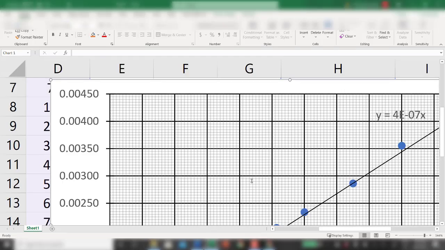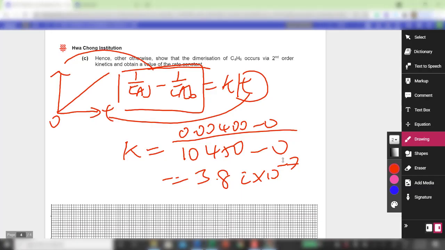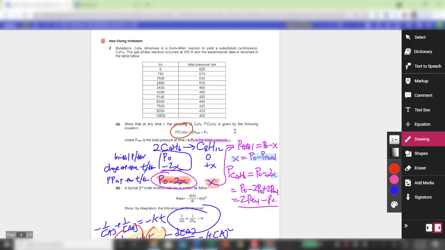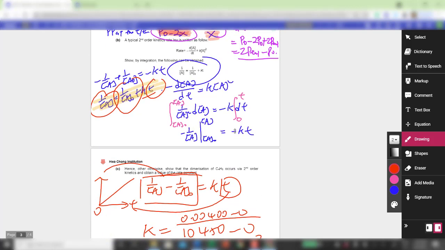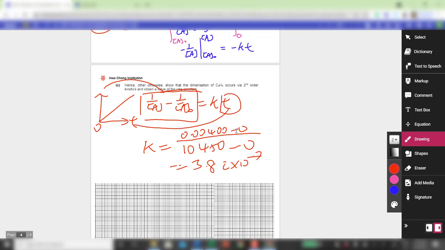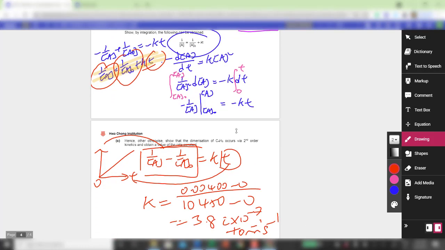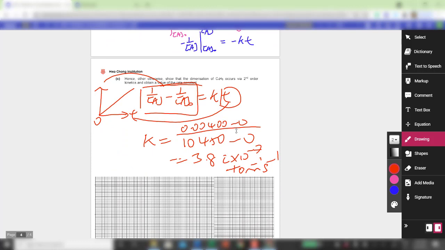And of course the y-intercept is 0. And then what about the units? Remember that we are plotting the reciprocal of partial pressure against time. Therefore the units will be atm to the power of minus 1, divided by time, so that's per second.